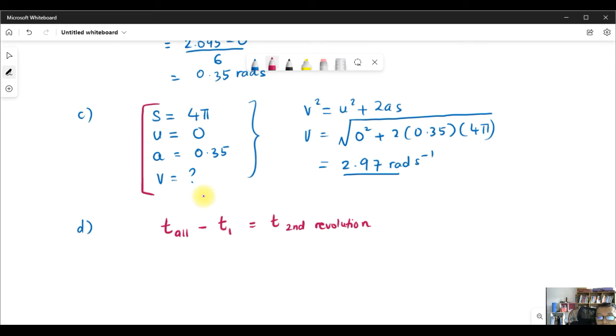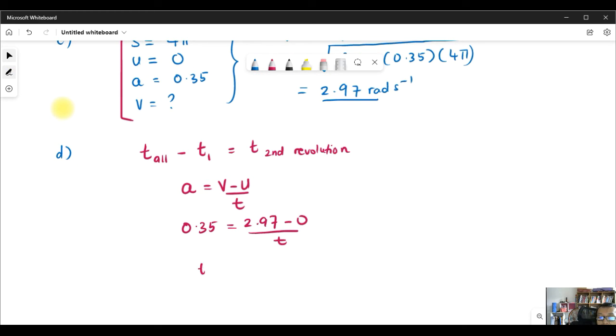How to find the time taken for 2 revolutions is using any one of those linear motion formulas, with information from earlier. You can use the acceleration formula: a is v minus u divided by t. Our acceleration is 0.35. The velocity is 2.97 minus initial 0, divided by time.